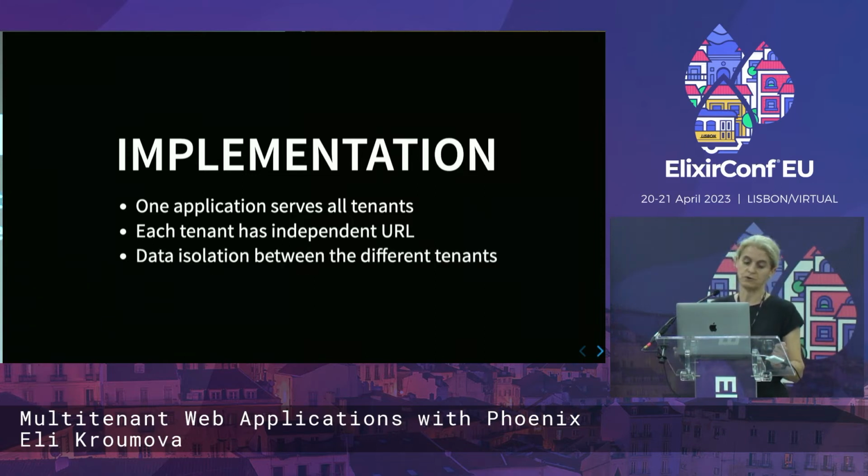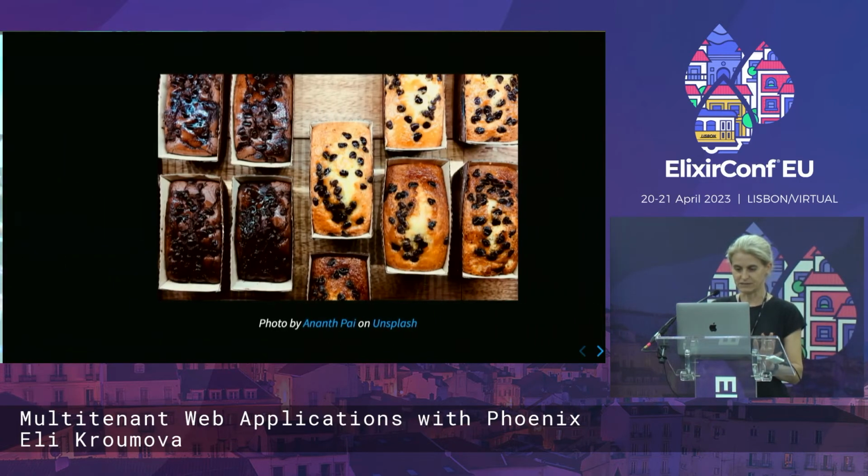And also, very important, the data for all of the tenants is independent. Each tenant has its data encapsulated. So when we ask for data, we always know which tenant we have to access, and we will never mix data from different tenants, by definition.